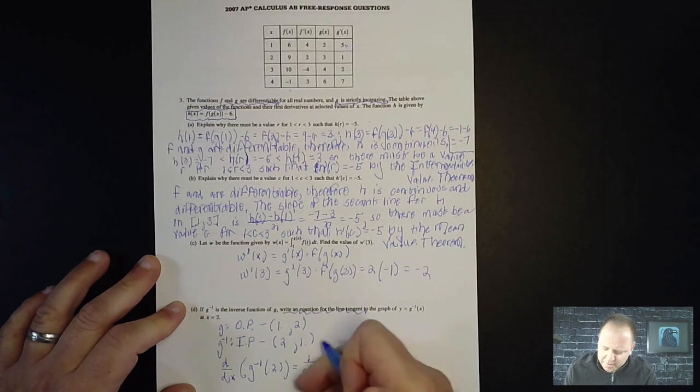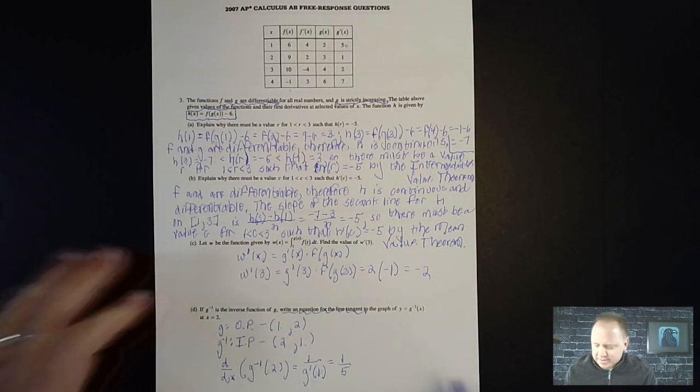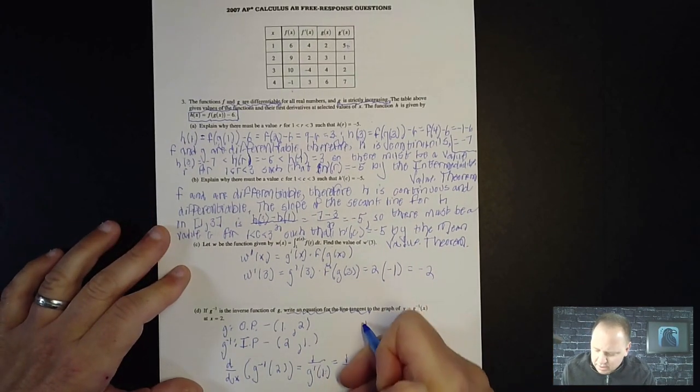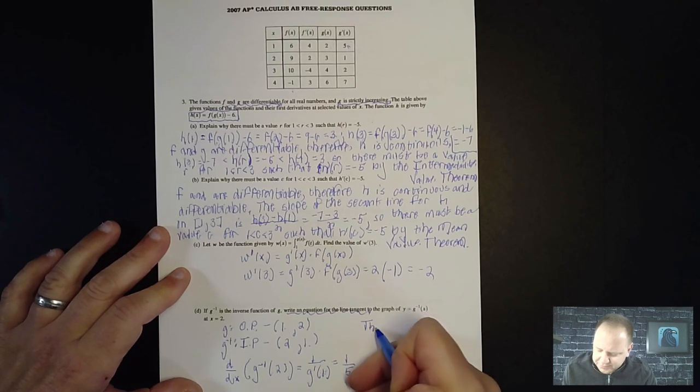I have my slope. I have my point on the inverse, so I can set up my tangent, and I'll just write a sentence for this.